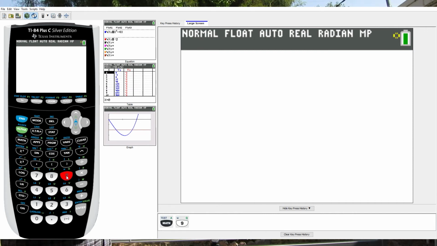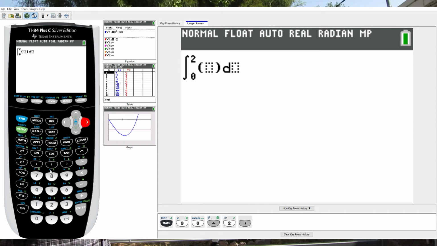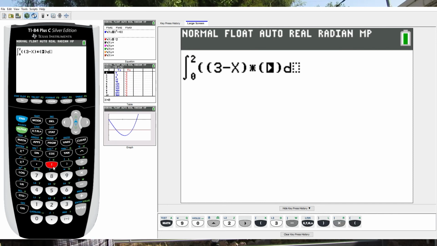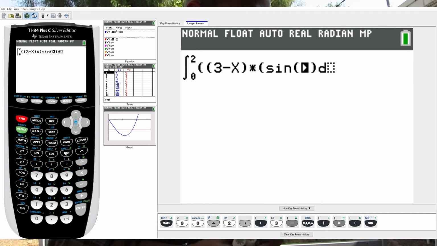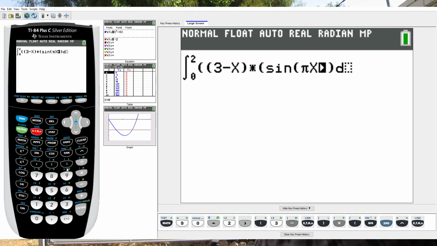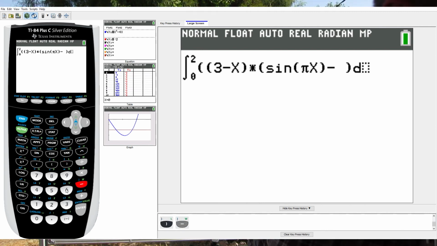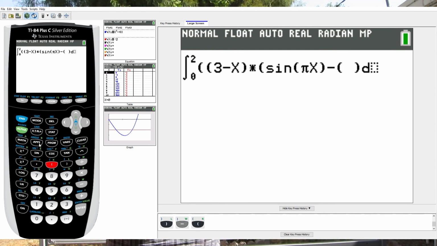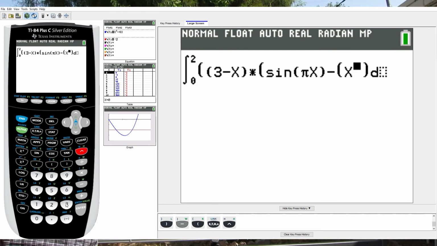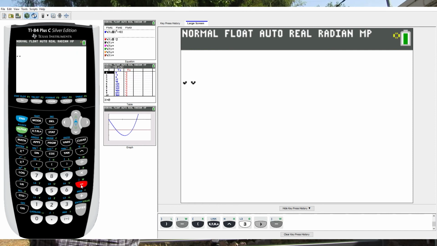So here we go. I'm going to basically do what we did from before, 0 to 2. But this time I'm multiplying all of that by 3 minus x, in parentheses, and then I'll hit enter. And this time I'm getting a volume of 8.370, so I think this is approximately 8.370.